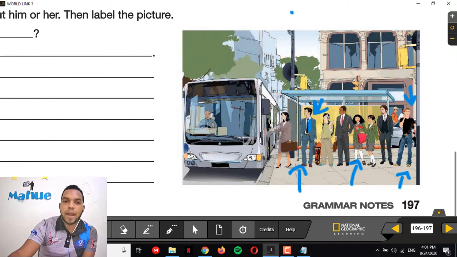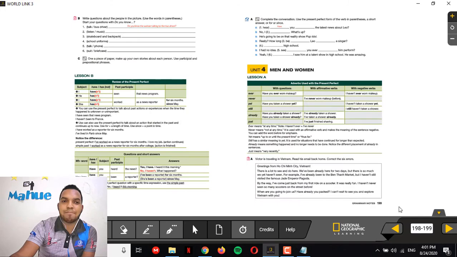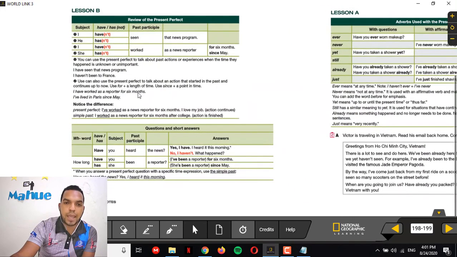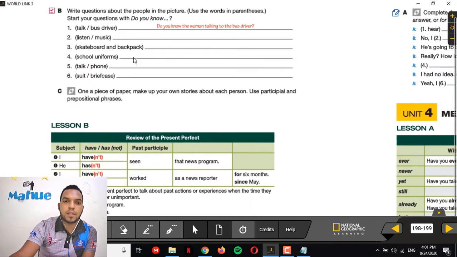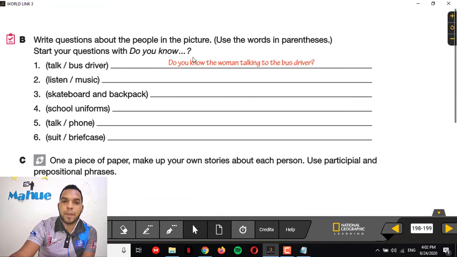So I would like to invite you to do this exercise, and after that, you will be able to do exercise B, which is over here on page 198. You're going to create questions about the people in the picture that I showed you before.